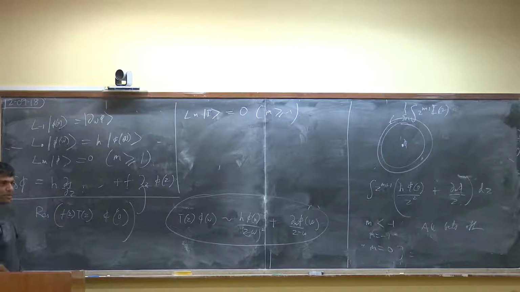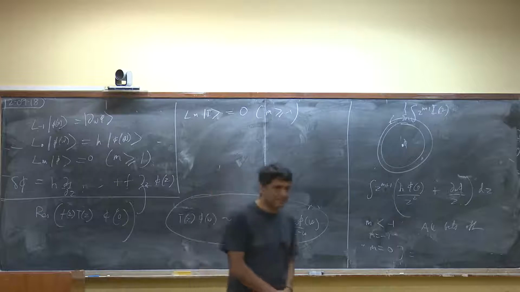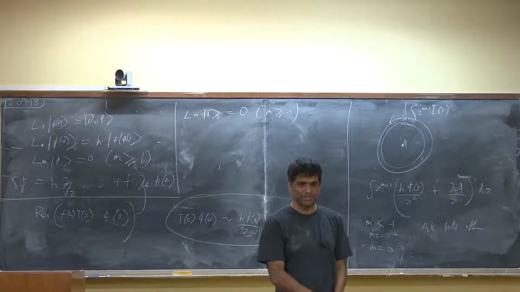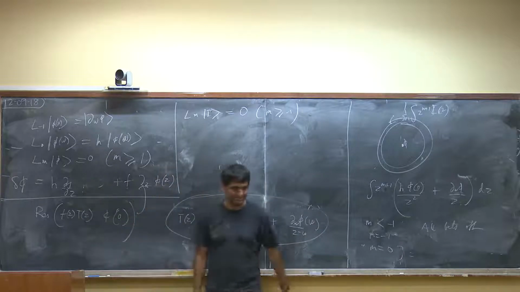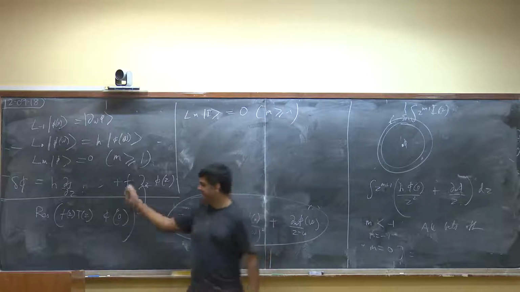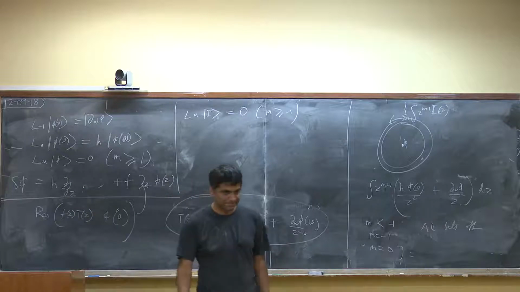Remember, we had a definition of the primary operator by how it transformed under a finite conformal transformation. Then we specialized the definition to an infinitesimal conformal transformation. And we found that the transformation law was this. There was an f term and a del f term, but there was no del squared f term.